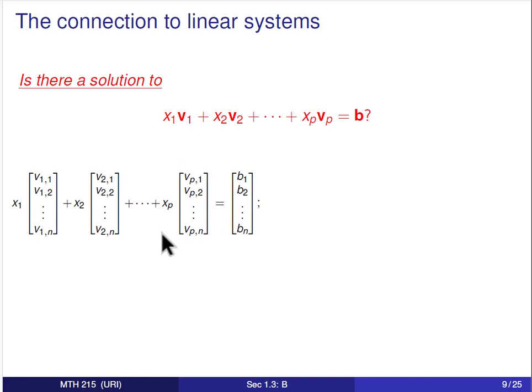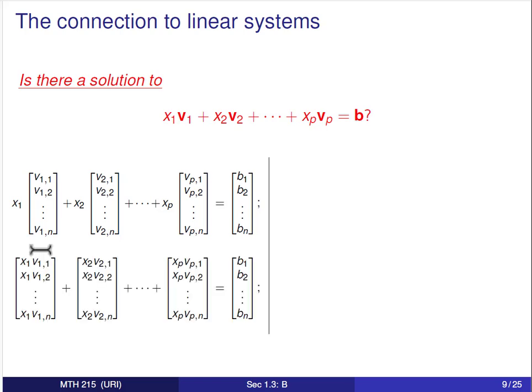Now, we're going to try to make this look a little bit more familiar based on what we've seen so far in the course. To do that, we're going to recall what it means to multiply a vector by a scalar. We're going to multiply x1 through each coordinate of the first vector, x2 through each coordinate of the second vector, and so on all the way through the end.